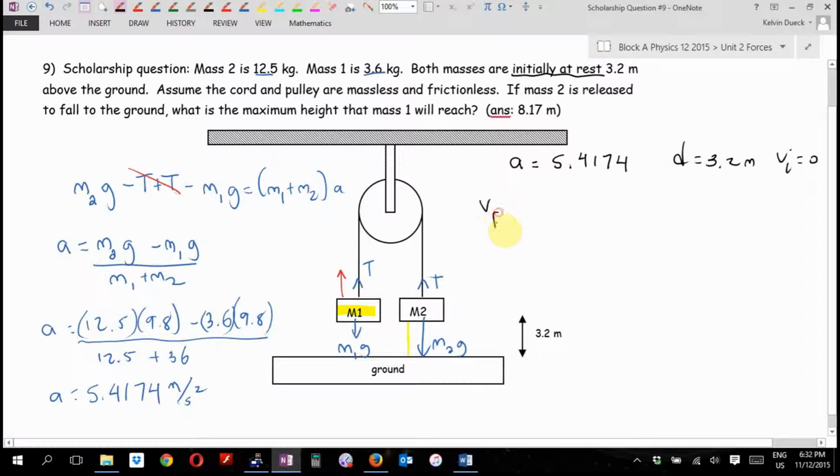I can find V final by going VF squared equals VI squared plus 2AD. How to get rid of a squared? Square root. And even better, VI is 0.